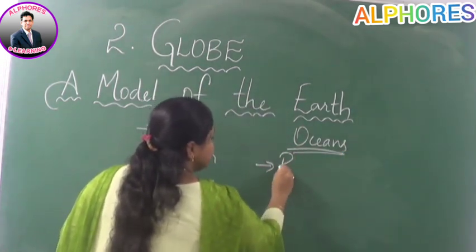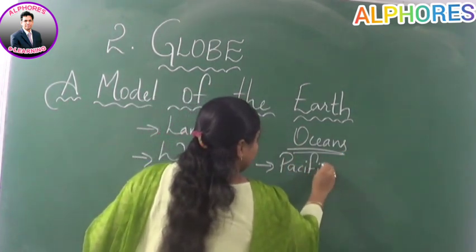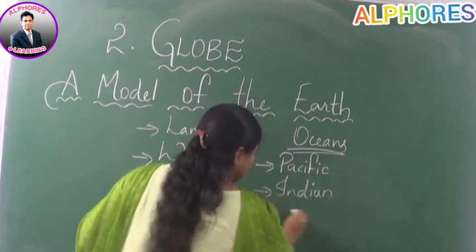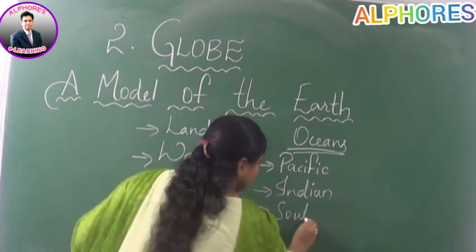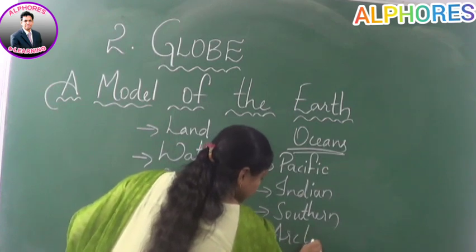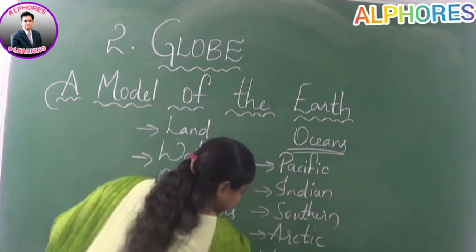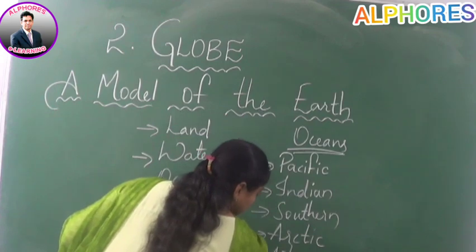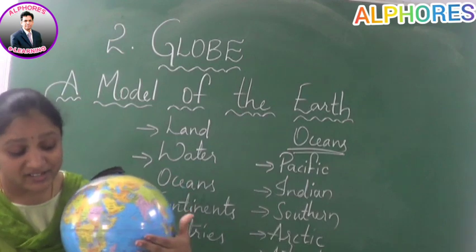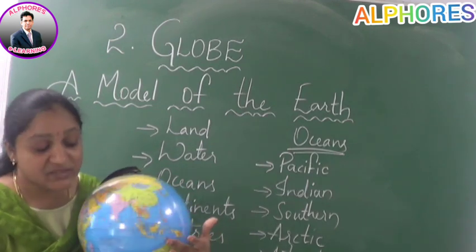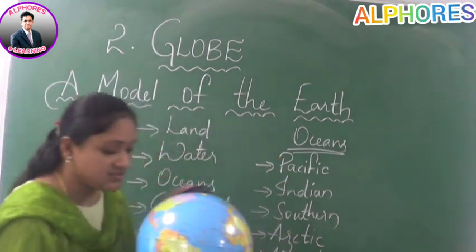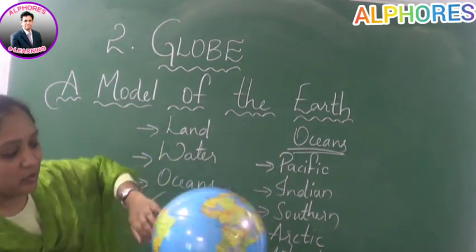That is the Pacific Ocean, Indian Ocean, Southern Ocean, Arctic, as well as Antarctic. Yes or no, children? You can see the 5 oceans. That's the reason you can see so much blue on the globe that you observe. So these are the 5 oceans that we can locate over here.